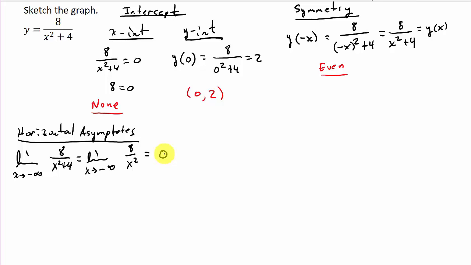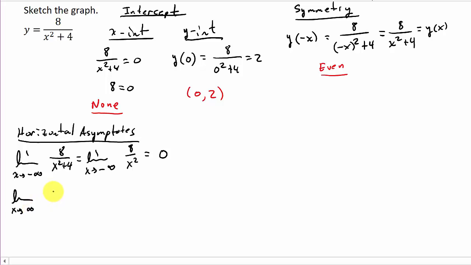And so we know right now we have a limit at y equals 0. Now, sometimes when you take the limit of these things as x goes to negative infinity and x goes to positive infinity, you'll get the same answer. But sometimes you won't. So you need to make sure that you do the limit as x goes to negative infinity and as x goes to positive infinity.